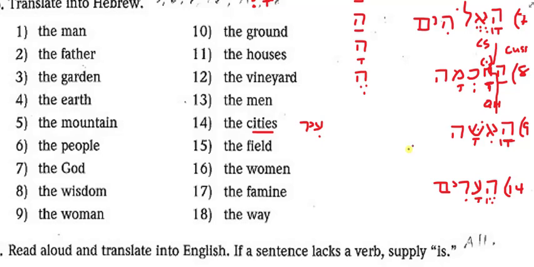That is on page 65, and it's section 4. Okay? So page 65, section 4. You notice that all of those forms that have the he before it, the first letter has one of those kametz symbols under it. Okay?